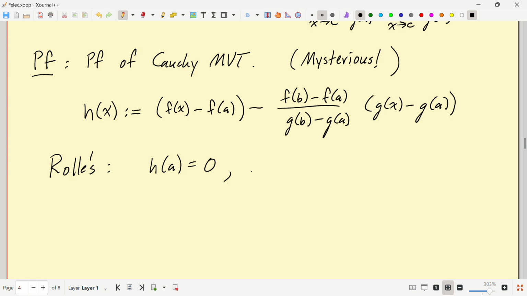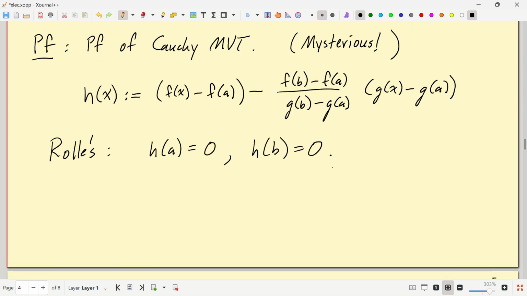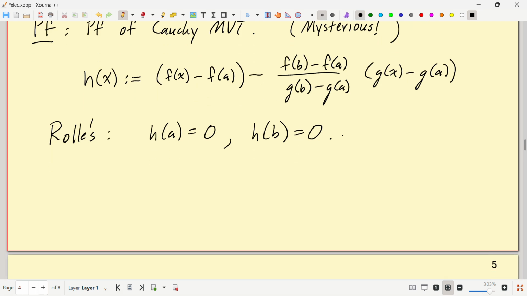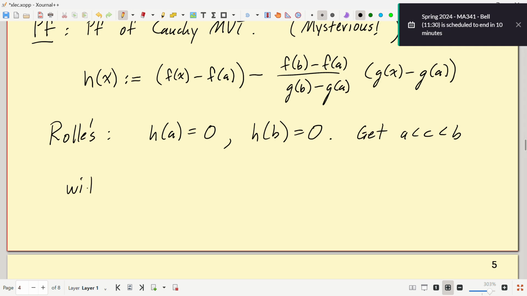H of a is clearly 0, that's a no-brainer. But it's also 0 at b. So there's a place in between where h prime of c is equal to 0. So you get a c with h prime of c equals 0.